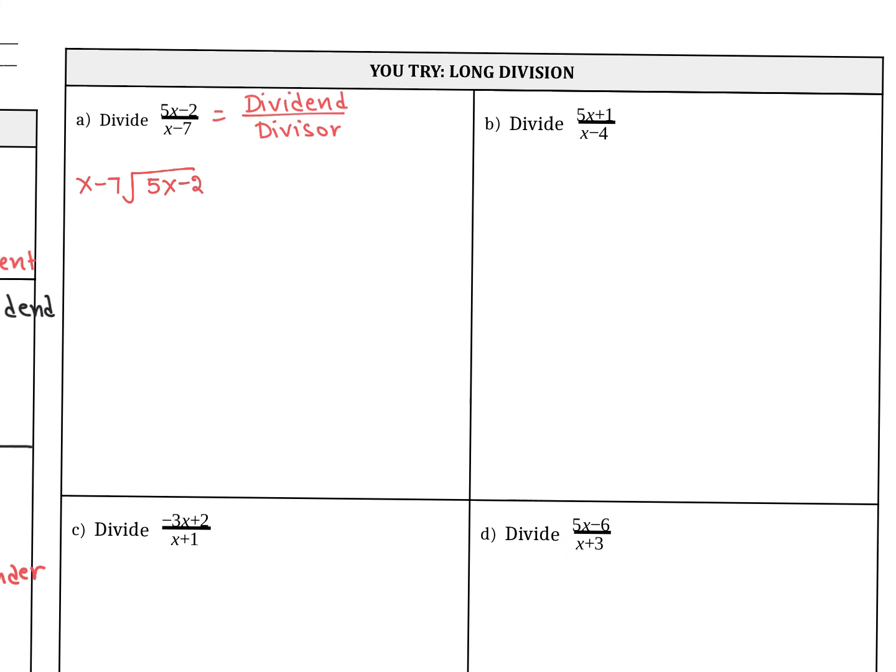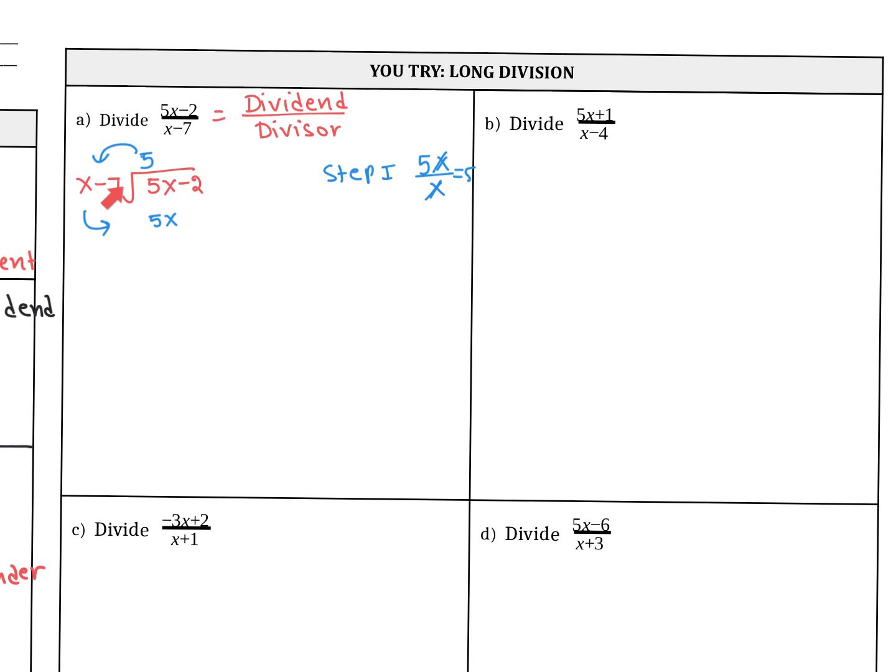Either you use your logical thinking about what goes on the top when you multiply the first number to get the 5x, or you can do this as step number 1. Divide the first term by the first term and then see what that number should be. This is 5. So 5 times x minus 7. Write it underneath here. It's going to be 5x.